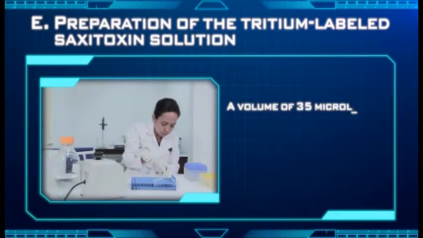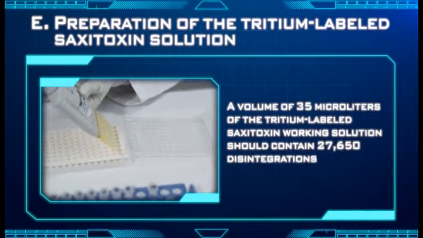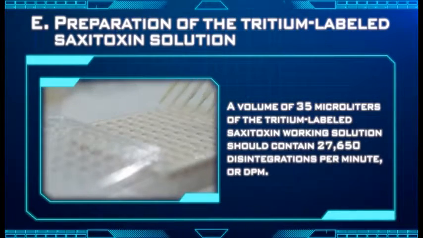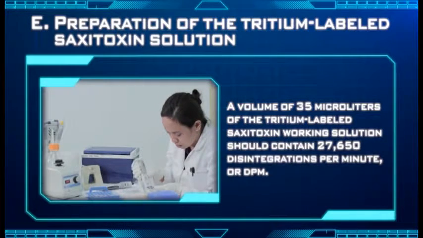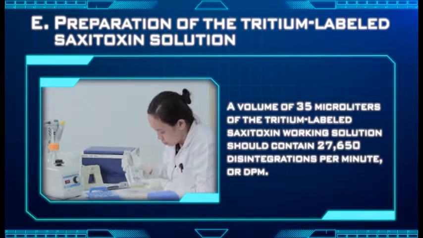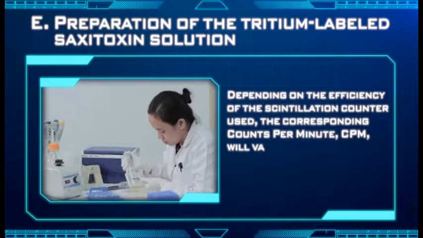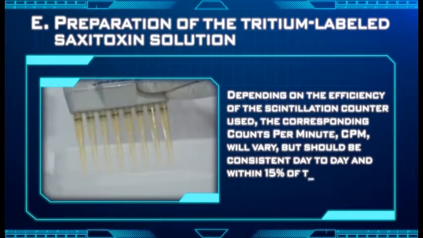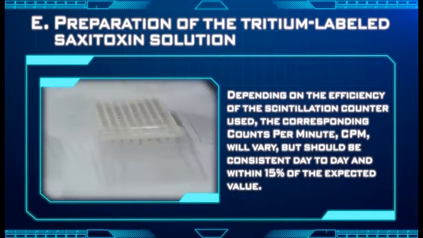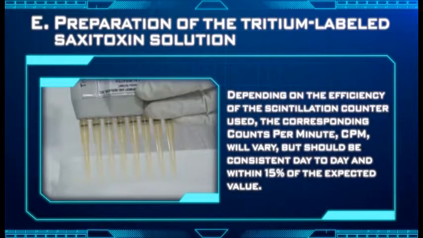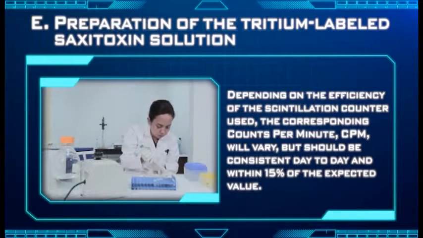A volume of 35 microliters of the working solution should contain 27,650 disintegrations per minute, or DPM. Depending on the efficiency of the scintillation counter used, the corresponding counts per minute, or CPM, will vary, but should be consistent day to day and within 15% of the expected value.